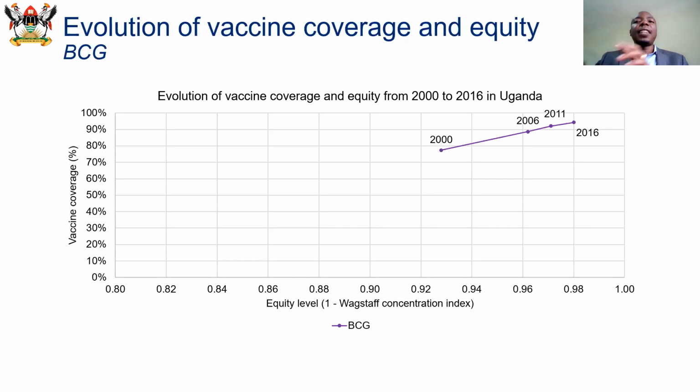So basically there were 4 data points. And we see that for BCG, we had fairly good gradual improvement for both coverage and equity.